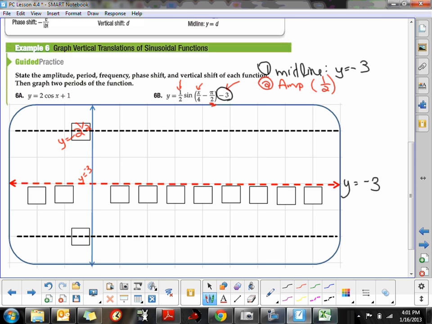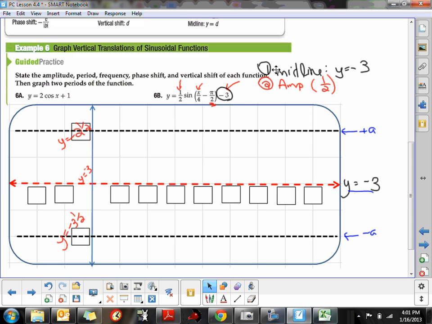And we can go a half a unit below that, which means we can get as low as y equals -3.5. The amplitude is always just going to be added on or subtracted to your center line. So to keep it simple, get your center line on there, then always add on and subtract your amplitude. So add the amplitude and subtract the amplitude, and you'll have the highest and lowest places that your graph can go. Next thing I'm going to do, I'm going to look for any phase shift.